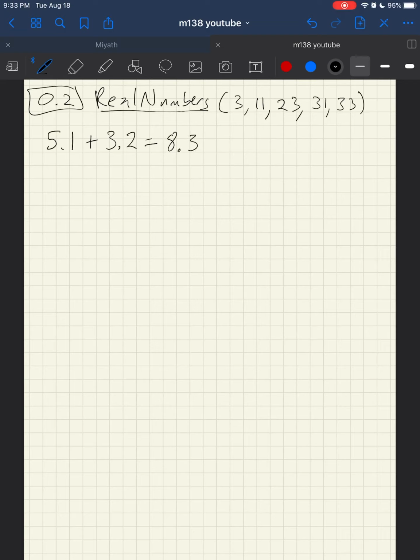But now if I were to have something like 5.7 plus 3.9, what happens? Well, this is a decimal point, not a multiplication here. I'm going to have to do some carrying. So 0.9 plus 0.7 gives me 0.6. I carry 1, I'm going to get 9.6. Probably not a huge surprise to most of us.